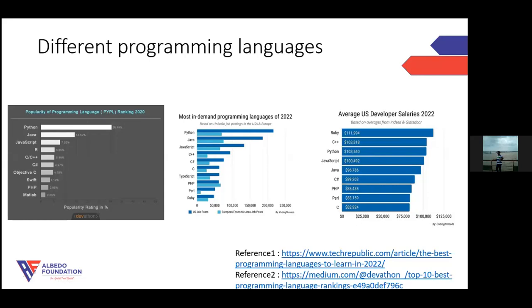There is another survey based on LinkedIn job postings in the USA and European region, and they mentioned that Python is the most popular programming language for job opportunities. In the third plot, they gave the average salary we can get if we know the programming language. Python is in third place, and on average per annum we can get around $1 lakh if we are good in Python programming.